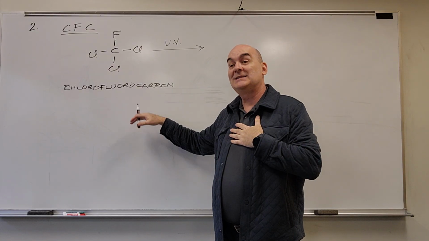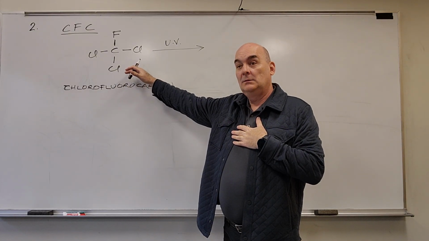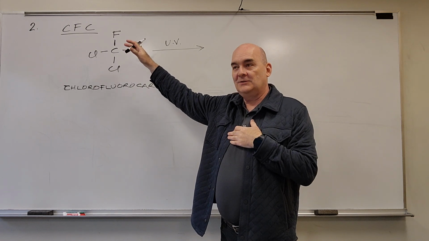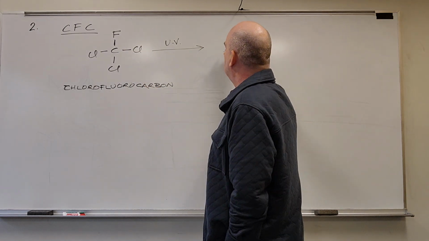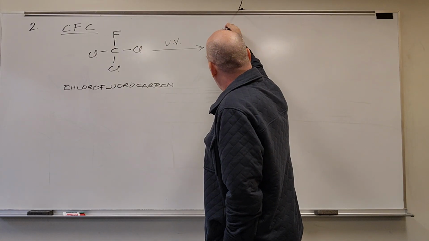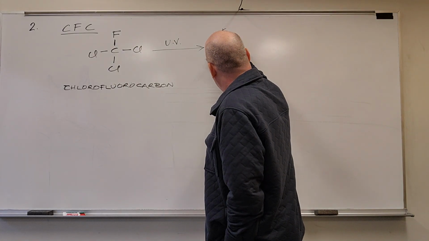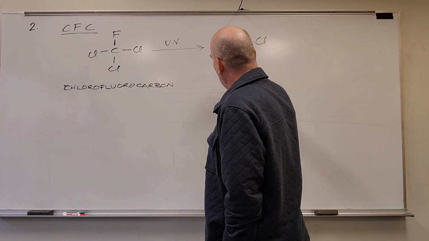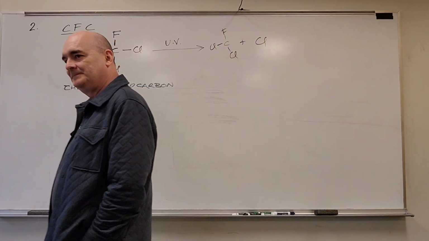So this guy needs to get to, or perhaps a little tiny bit above where the ozone is. Ultraviolet hits this and splits off, that's an F, one of the chlorines.